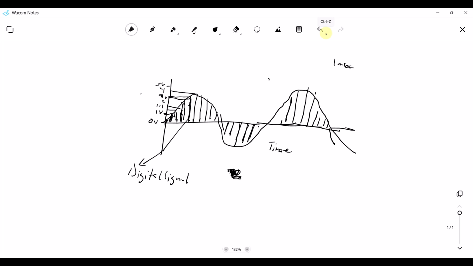And by doing this, you are able to determine the state of a bit, whether the bit is a 0 or a 1. So the system can be calibrated such that if the sample falls below 2 volts, then it's an off state. And if it falls above 2 volts, it's an on state, so it's a 1. Or we can have multiple discrete levels where if the sample is below 1, it's a 0.